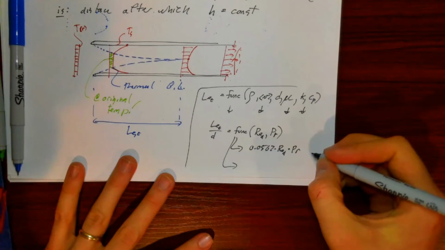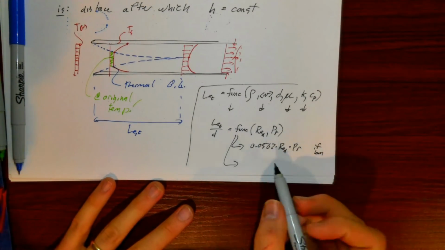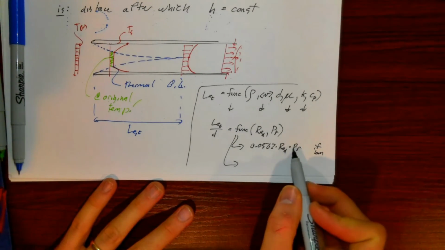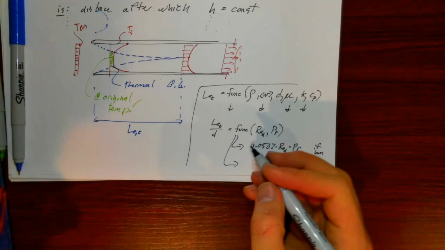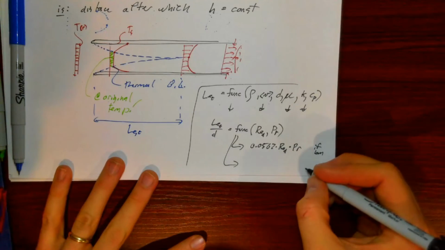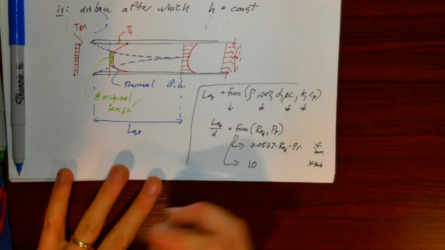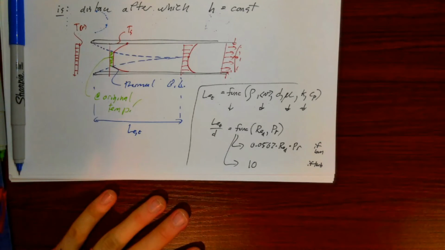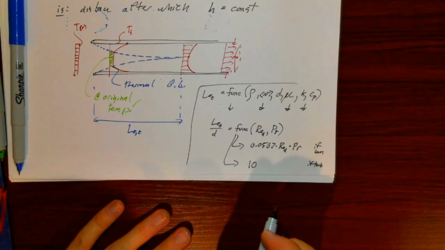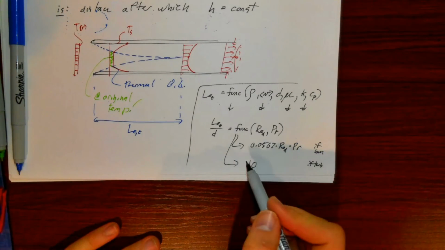So it's basically the same as your hydrodynamic entrance length, except for this additional factor of Prandtl number. So your thermal entrance length is this right here if your flow is laminar, and then if turbulent, 10. There it is, right? So there we have it. So this is what's going on here, right?